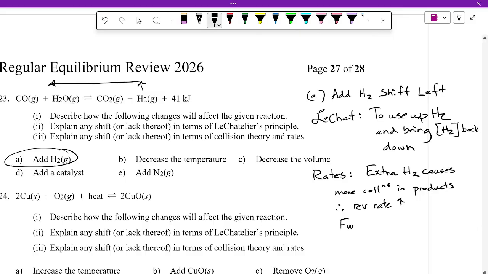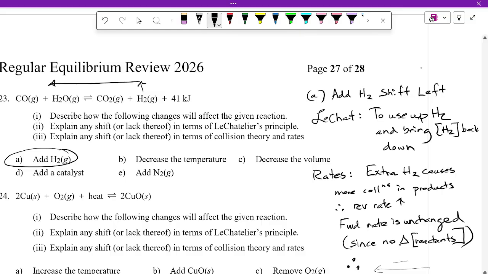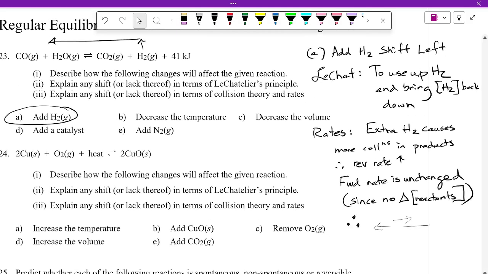Forward rate is unchanged, since there's no change in concentration of reactants. Therefore, my reverse rate got bigger, my forward rate remained unchanged. Therefore, we are shifting left.